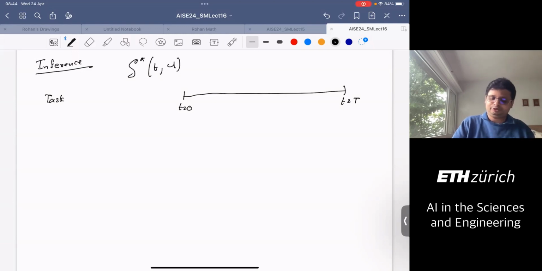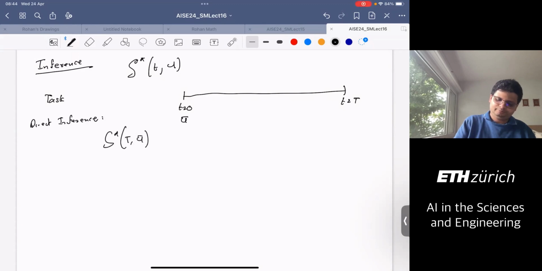The first thing that we can do is a direct evaluation, direct inference. What do I mean by that? Simply take S. So this is the U bar. Simply take this. It has been trained, but now at the level of inference, it just takes this value and infers. So that is direct, and this can be effective.